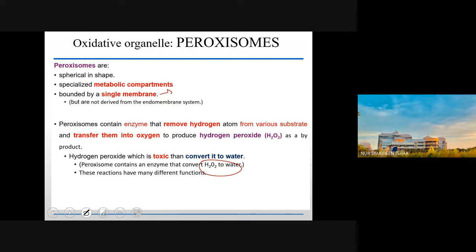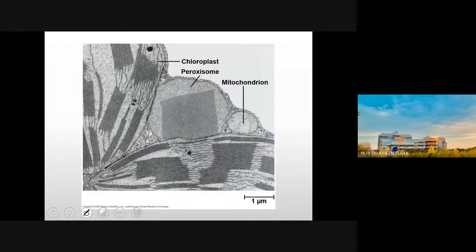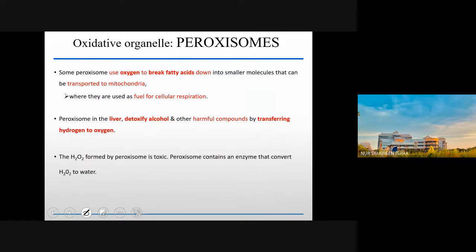Let's look back at the peroxisome. Peroxisome contains enzymes that remove hydrogen from various substrates, such as toxic substances, and transfer them to oxygen to produce hydrogen peroxide, and then convert it into water. That's how it is. So the peroxisome has several functions. Earlier was to neutralize toxins.